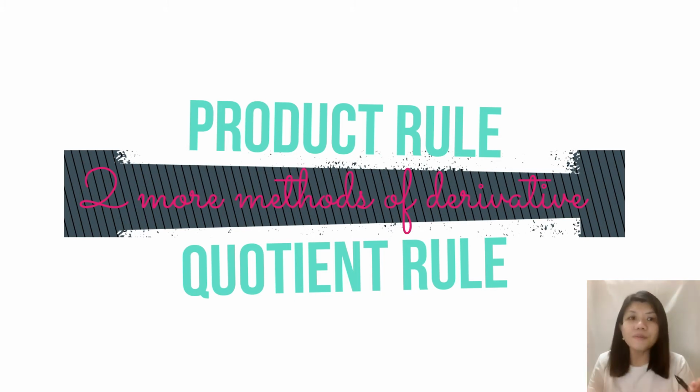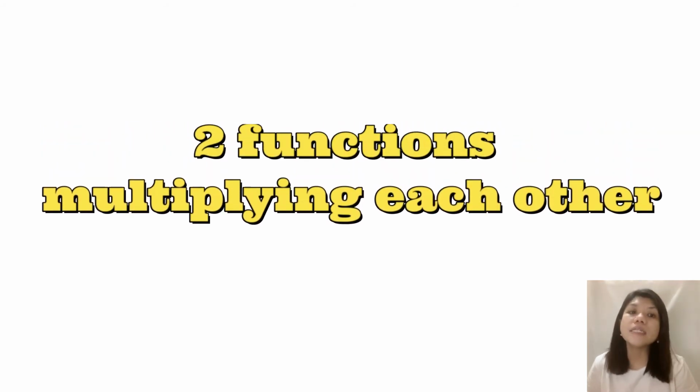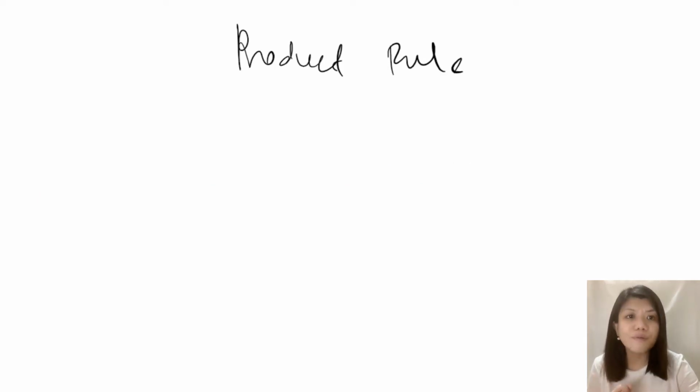Okay, so why do we need to use the product rule for derivatives? Because we see two functions that multiply each other, and that's where the name product comes from. So this product rule says that you can find the derivative of two functions which are multiplying each other in just the wink of an eye, very quickly.